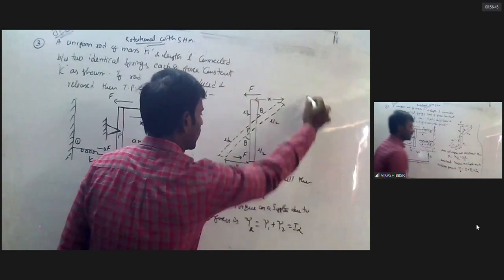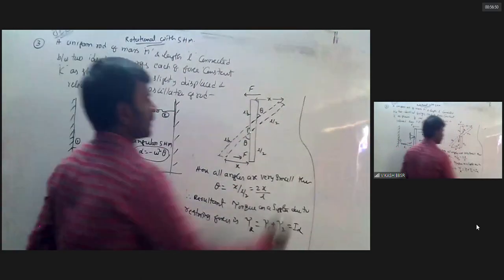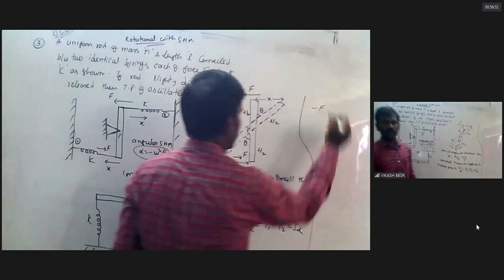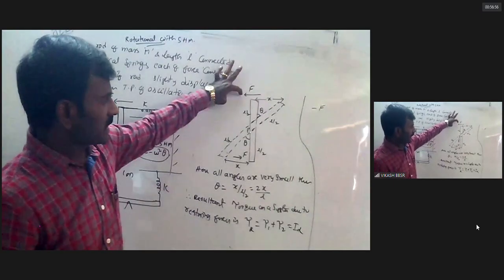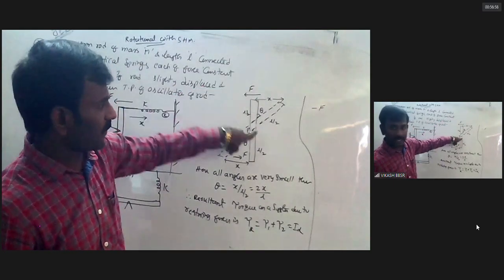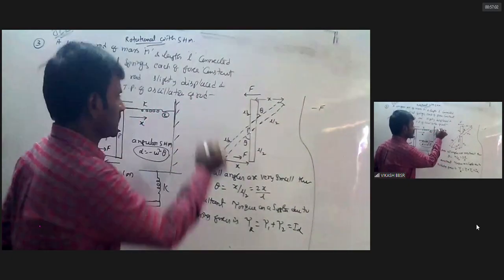Any point you can take, no problem. Tau due to 1 is minus F into the perpendicular distance of F about the point P.